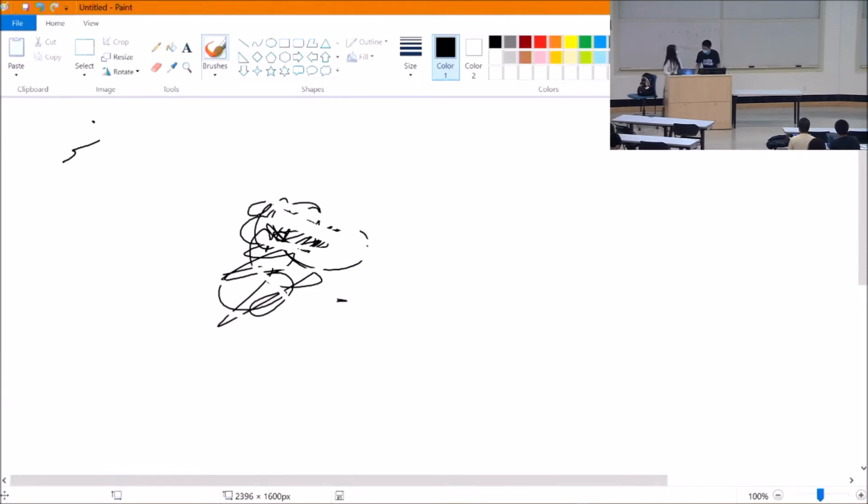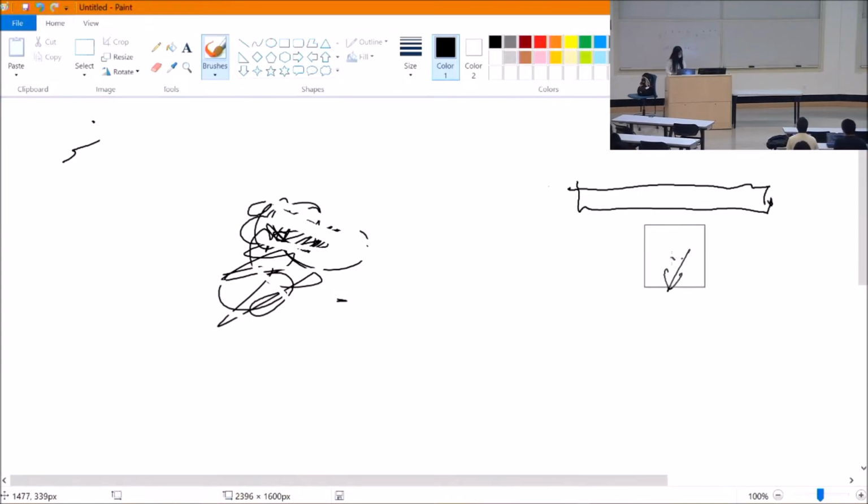Anyway, I can draw the graph first. Yeah, you could try drawing first. Okay, now we have an array, and let me see if I can find the right position for that.